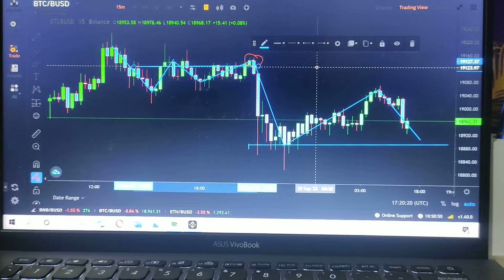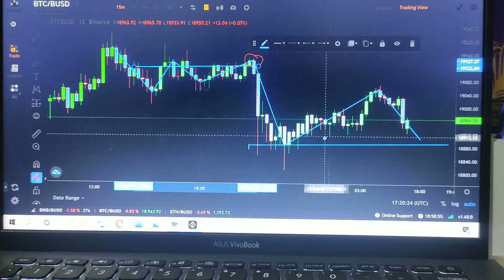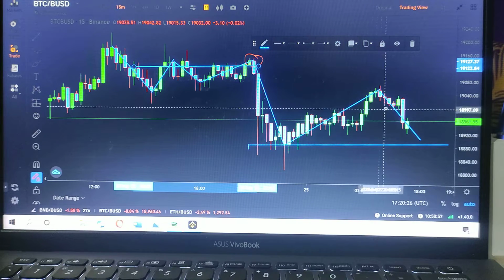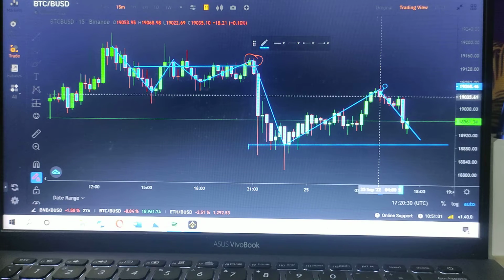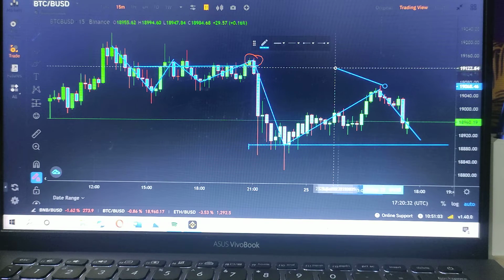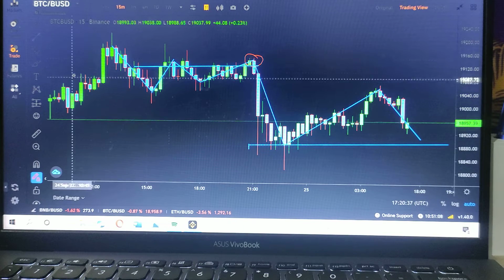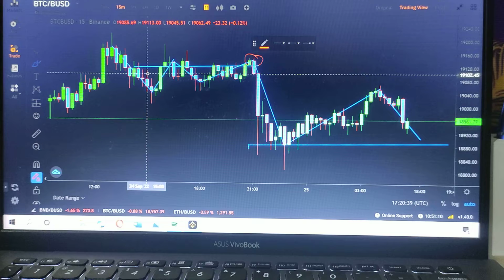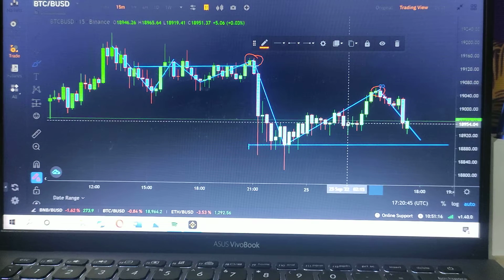But in order to confirm this trend, from here to here, there is no solid confirmation of price right now.